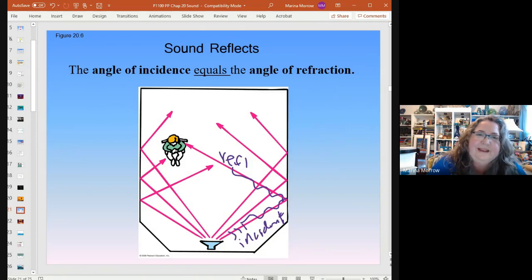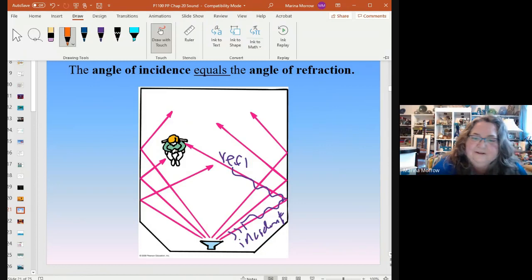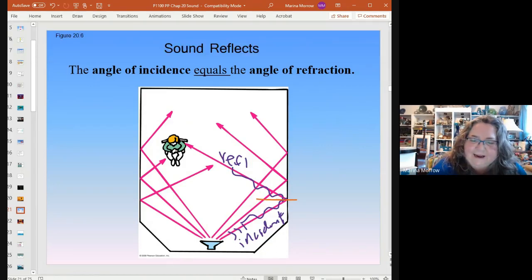So for this one, now the angle, you don't measure it to the wall. Instead, what you do is you measure it to a perpendicular line to the wall. And so in that case, this might be 30 degrees, and this might be 30 degrees. The angle of incidence and the angle of reflection should be the same.